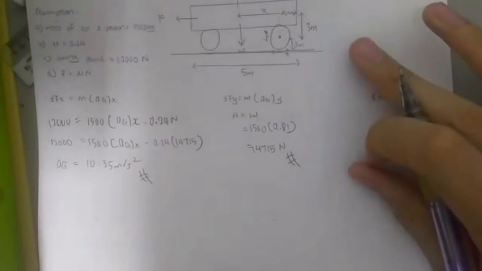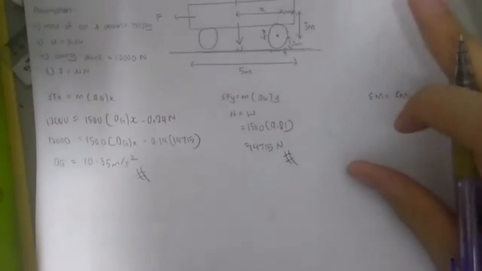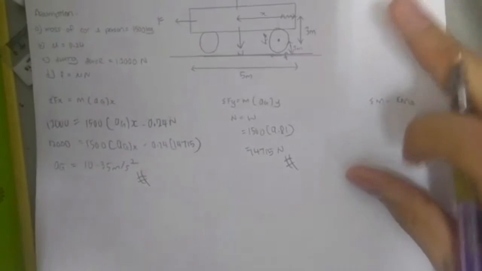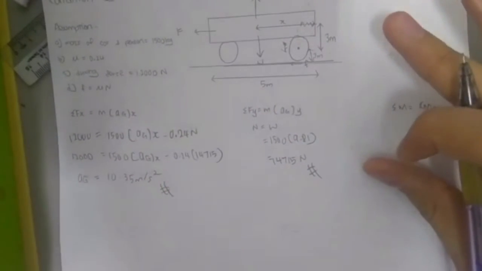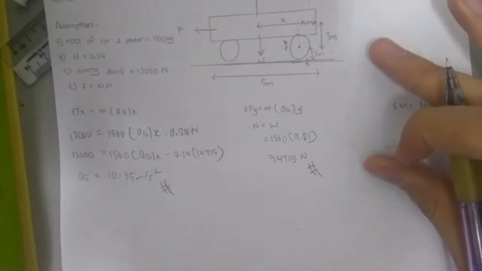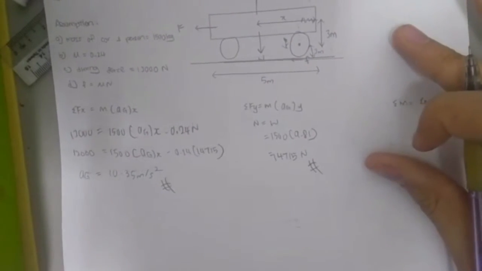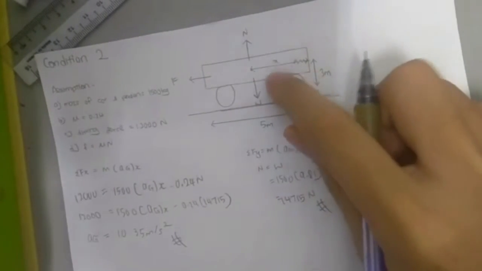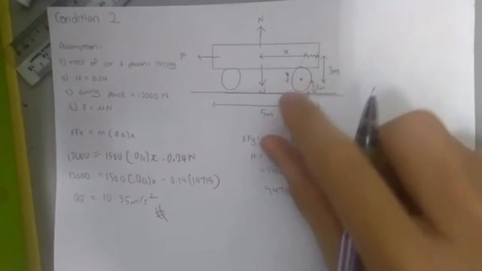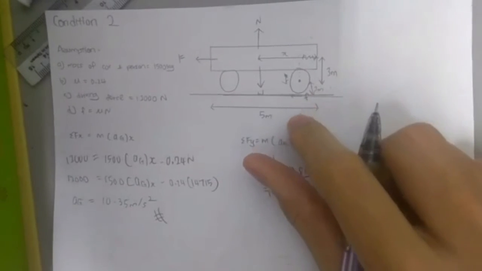So what is a moment, the formula of moment here? What is it actually used for? It's used to determine whether the car is slipping or not, because in this condition we have to prove whether the car is slipping, S-L-I-P, or not.